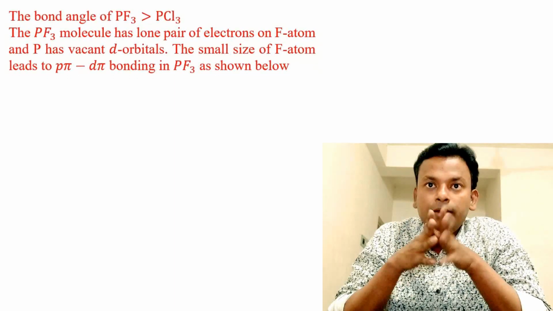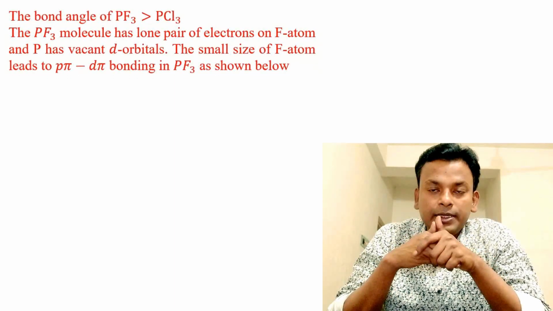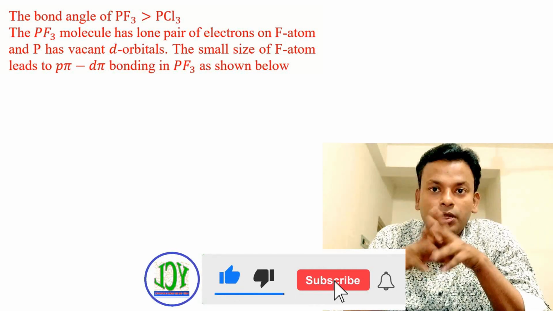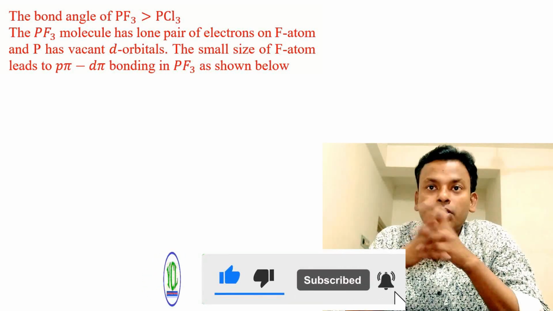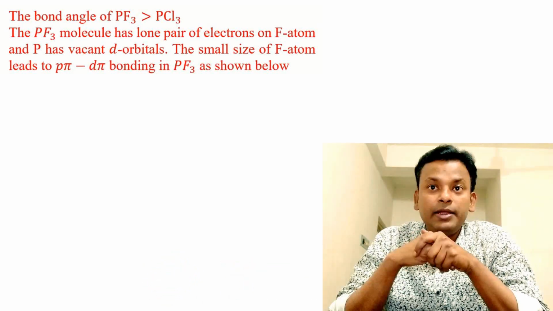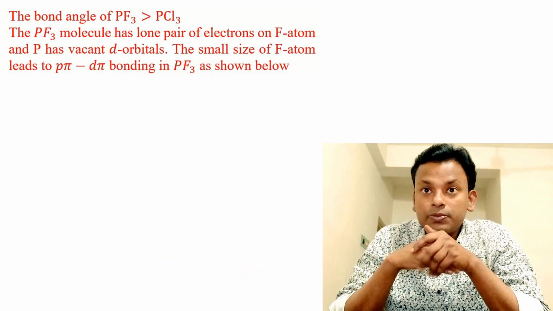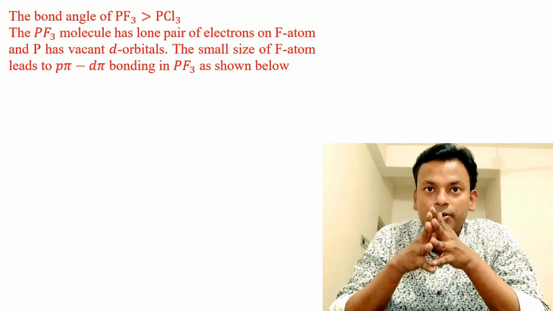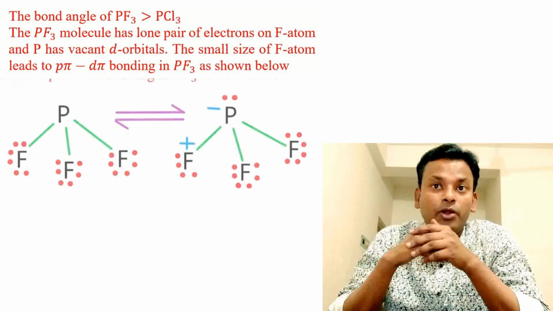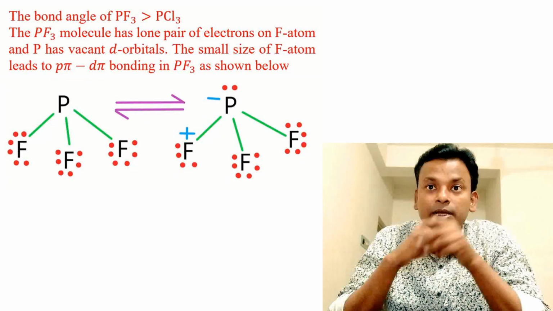The bond angle of PF3 is greater than PCl3. The PF3 molecule has a lone pair of electrons on the F atom and P has vacant d orbitals. The small size of the F atom leads to p-pi d-pi bonding in PF3, as shown in the figure.